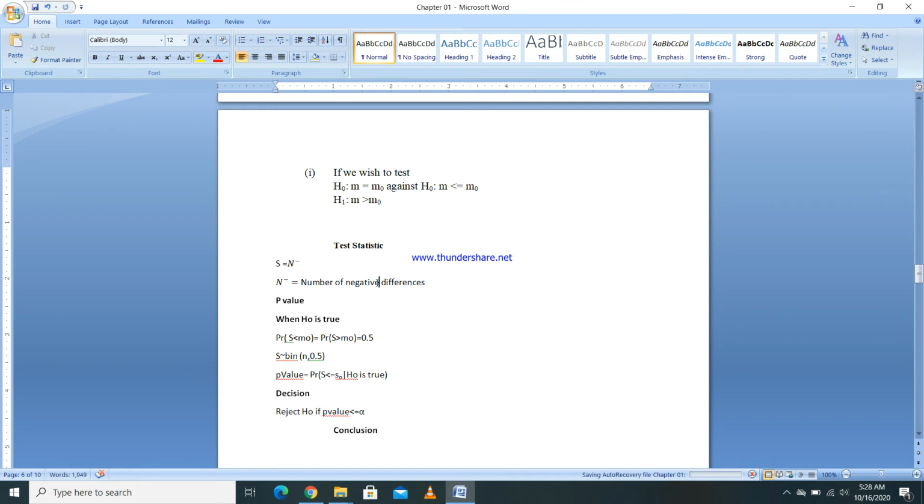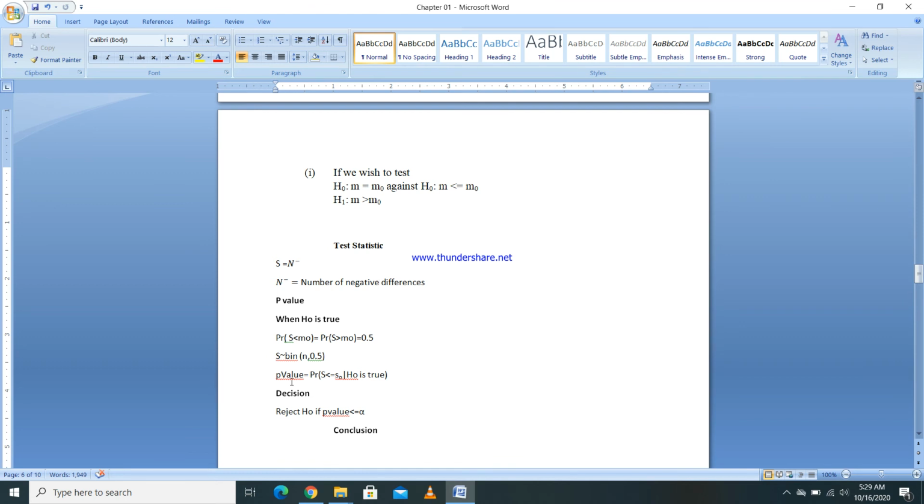When it comes to the p-value, again we are using the condition when H naught is true, that the median is equal to m naught. We know that for the test statistic we can observe a binomial distribution.